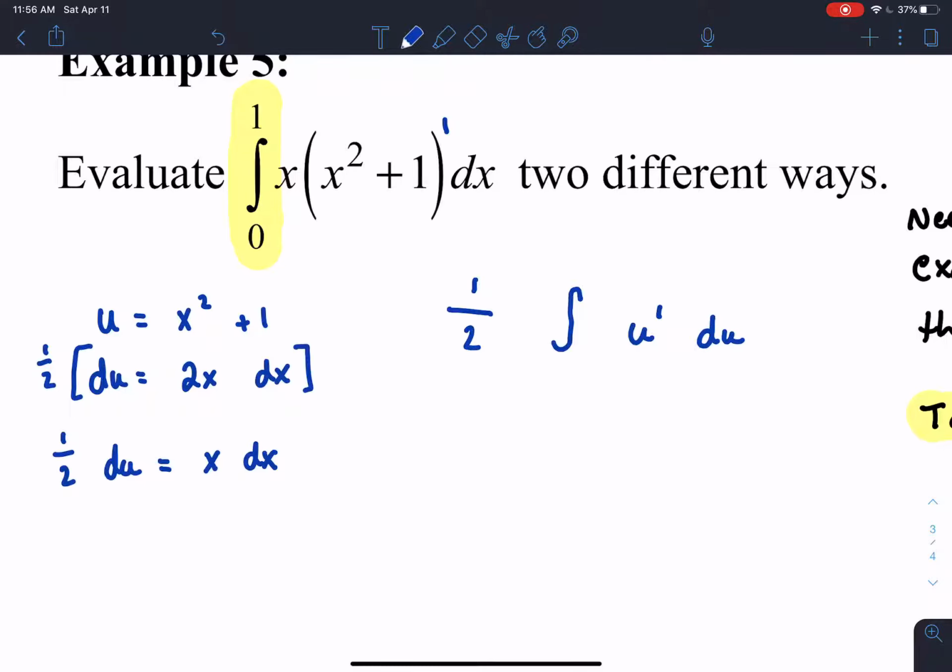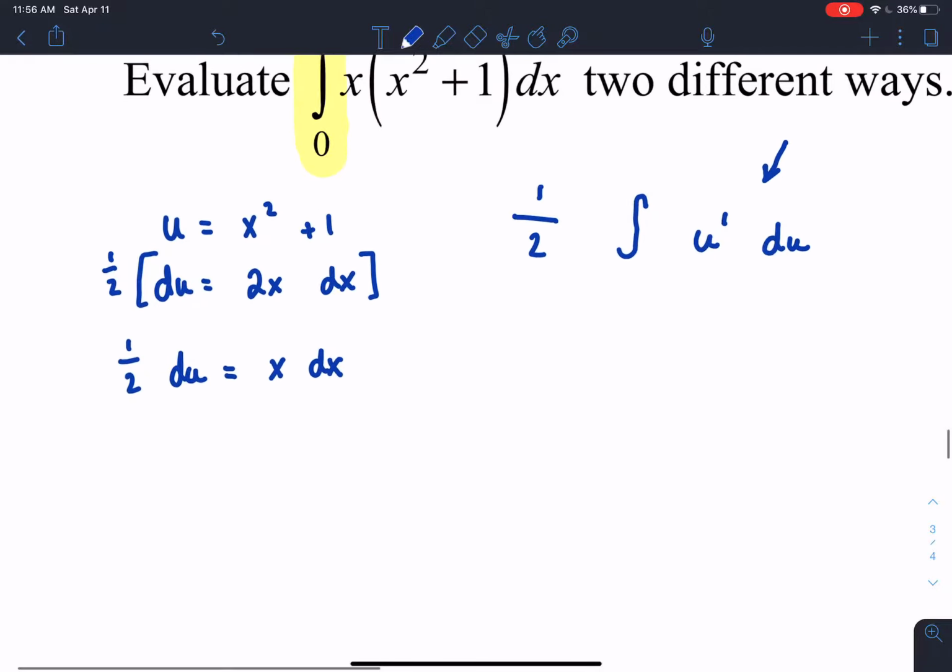I don't want to immediately write my limits back into my problem, because this problem is in terms of u and not in terms of x. So what I want to do is change my limits so that they're in terms of u instead of x. And it's a pretty easy fix.